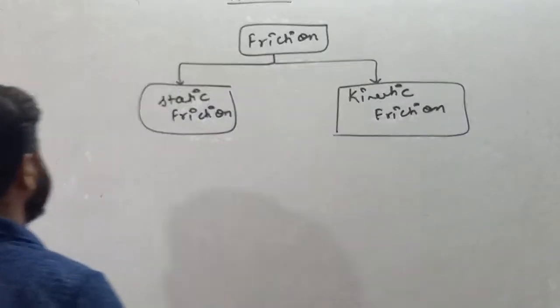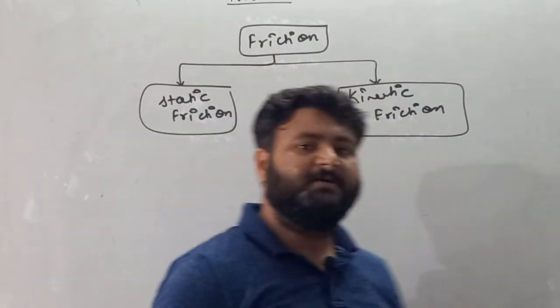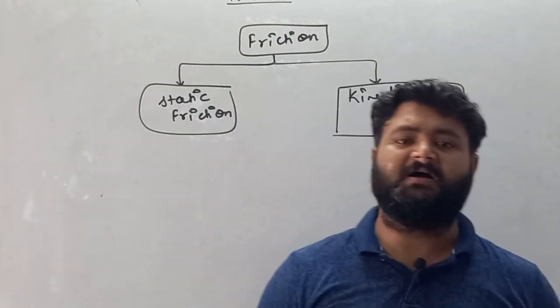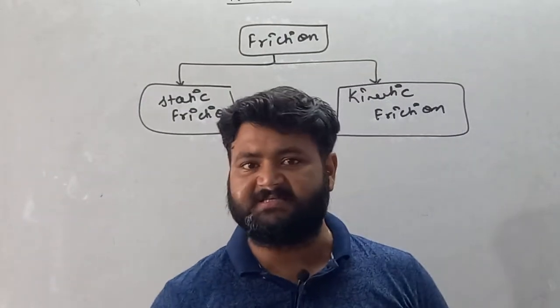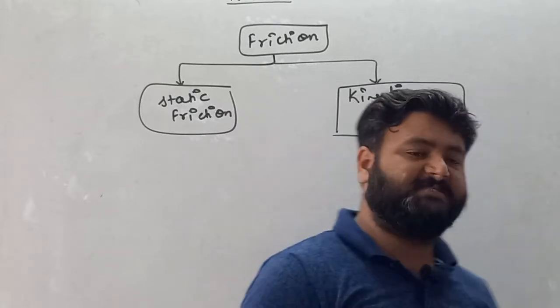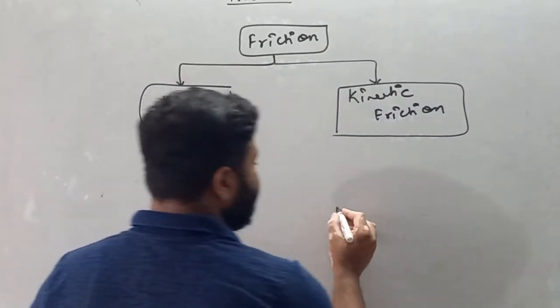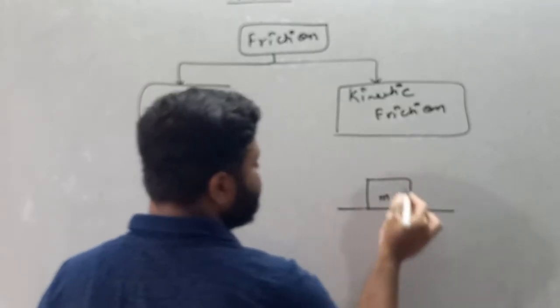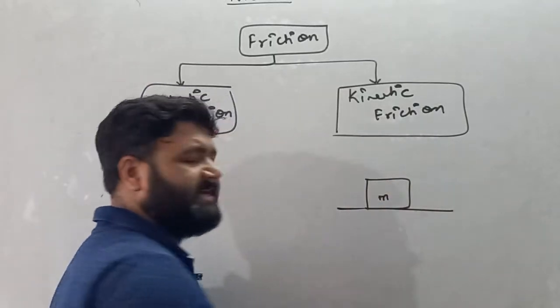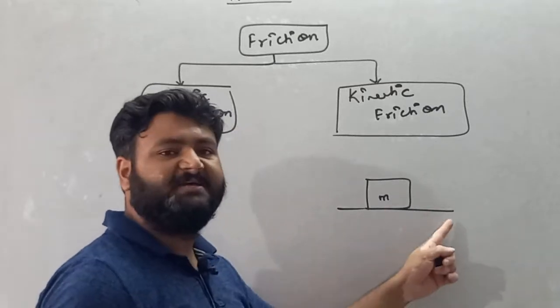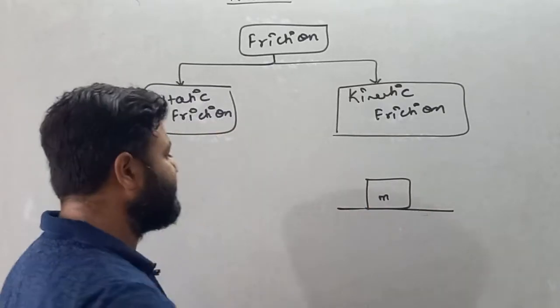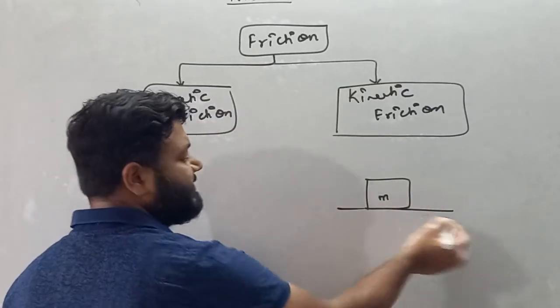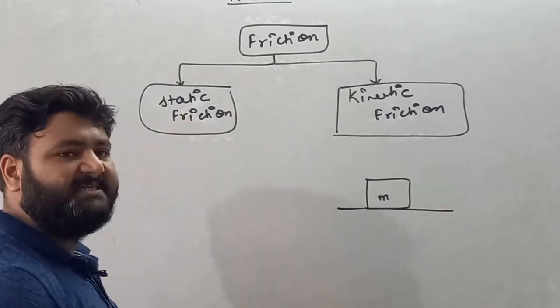Static friction means the friction which takes place between the surface and the body if the body is at rest with respect to the surface, and kinetic friction if the body is in motion with respect to the surface. Let's suppose there is a block. If this block is at rest with respect to this surface, then the nature of friction between this block and the surface is called static friction.